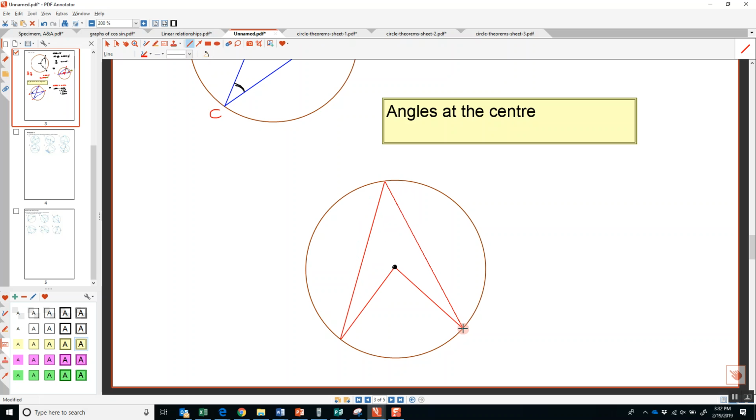The angle at the center, yep, is, what was it? Oh, yeah, the angle at the center is 2 times larger than the angle at the circumference. Right. At this one? Yeah. Okay, so if this is x, this is 2x. Yes, good.